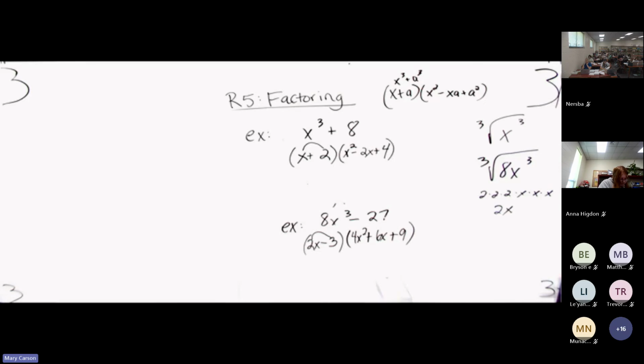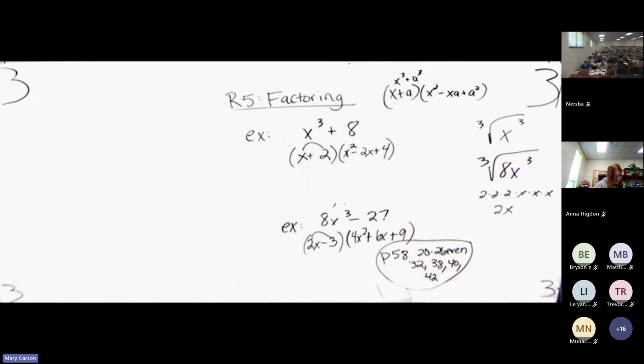So let's do page 58. Everybody see that? Page 58. Let's do 20 through 26 even, 32, 38, 40, and 42.